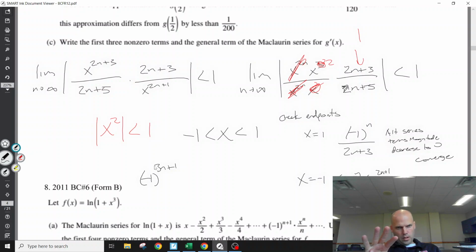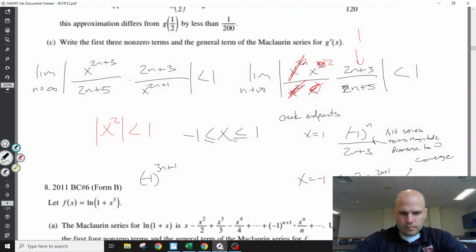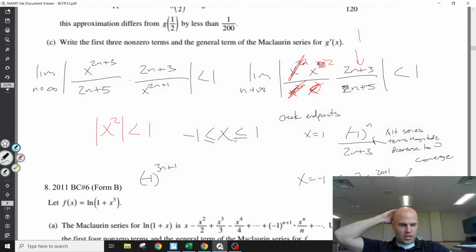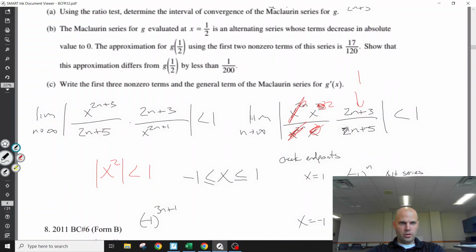Plugging in 4, I get 13 negative. The signs are alternating. So this is also an alternating series whose terms decrease. This is not one of those situations where on one end it's the harmonic and on the other end it's the alternating harmonic. These are both alternating series whose terms decrease to 0 and they converge.